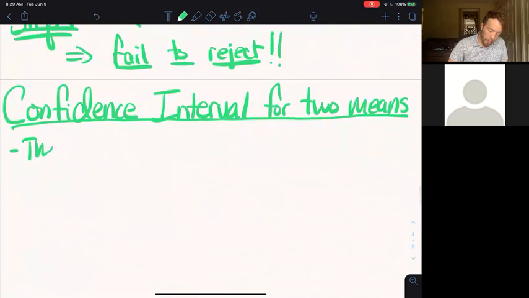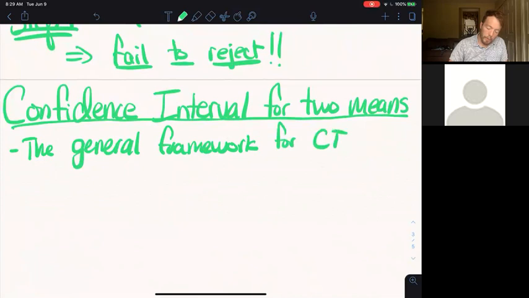So the general framework for confidence intervals applies for both cases.